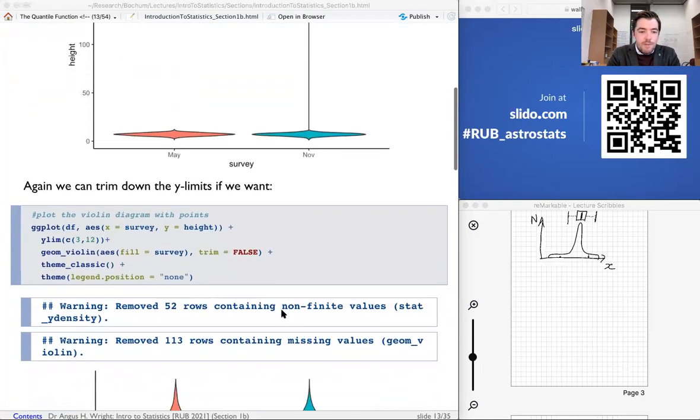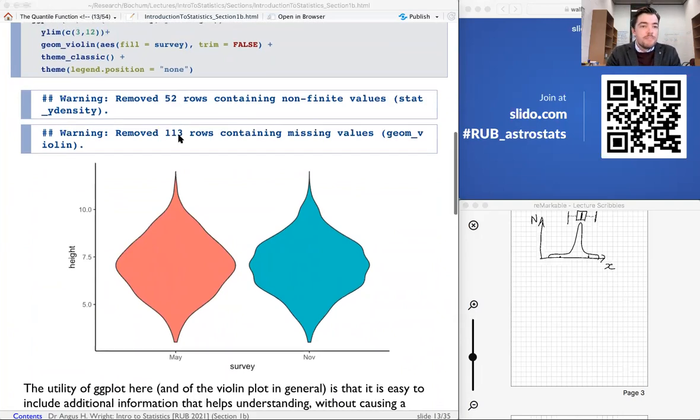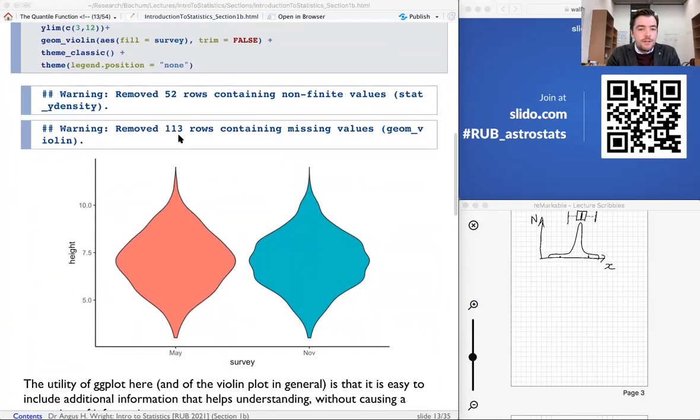So we can, for example, shrink down the KDE to just be around the part of the distribution that has the most data. And when we do that, we get this warning message that says, hey, we removed some data when we made that reduction in the y-axis. Just be aware of that. And you can see now that these distributions are actually subtly different, but overwhelmingly they look quite similar.